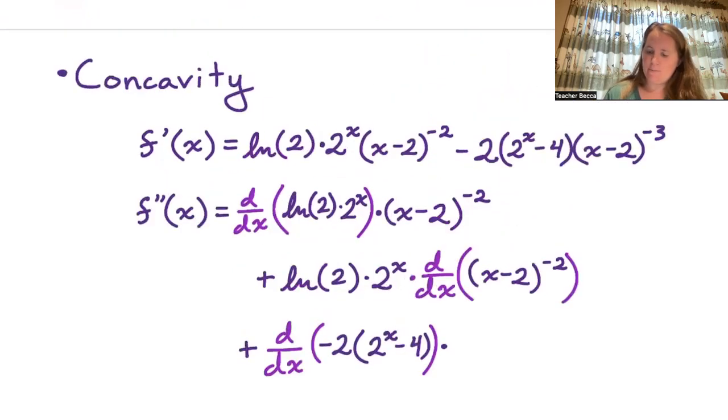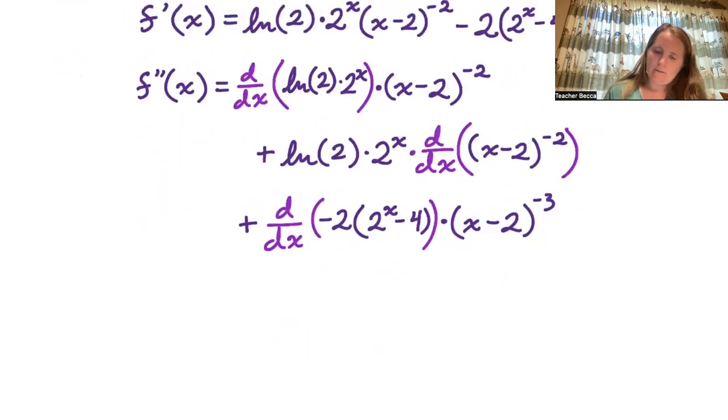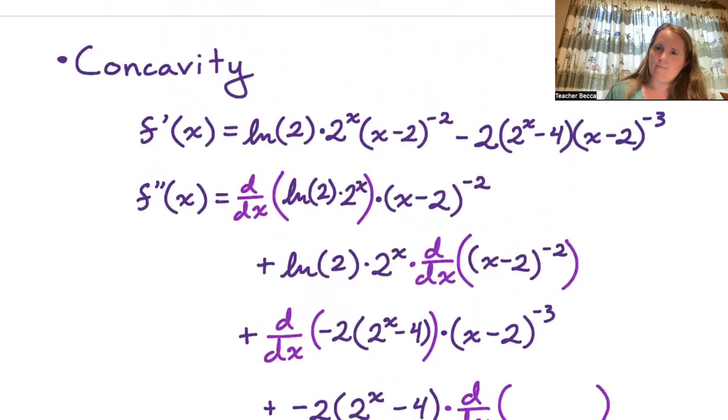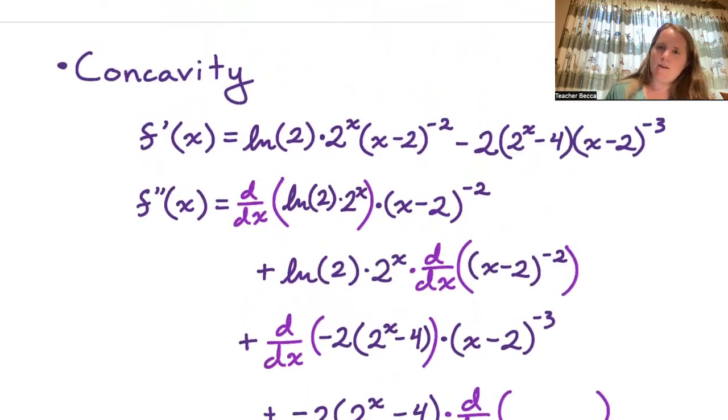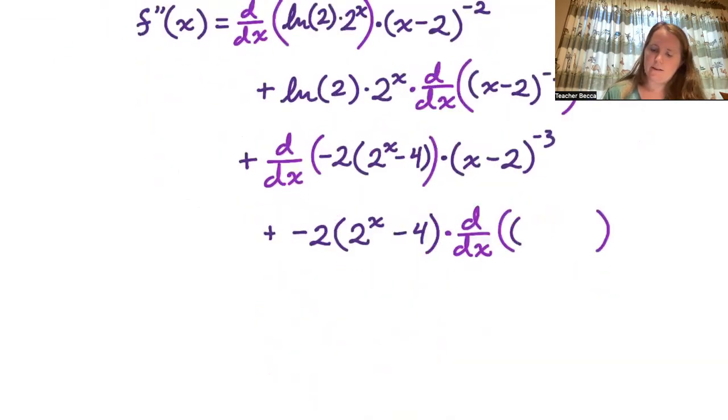We would then have to multiply by x minus 2 to the negative 3rd. Then we would have plus negative 2 times 2 to the x minus 4, and multiply that by the derivative of x minus 2 cubed. So I've done 2 product rules here, one on the first piece and one on the second piece.